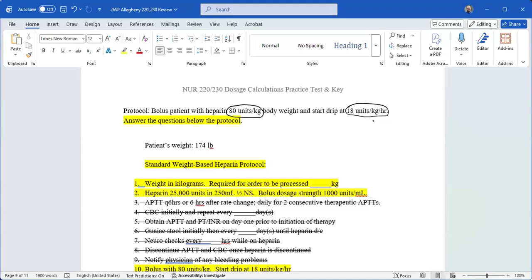Anytime you see kilograms and you have pounds listed here, that's your indication that you need to convert that to kilograms. So step one for me is I'm going to take 174 divided by 2.2. I'm going to get 79.090909 repeating, and we're just going to round that to 79.1 kilograms.